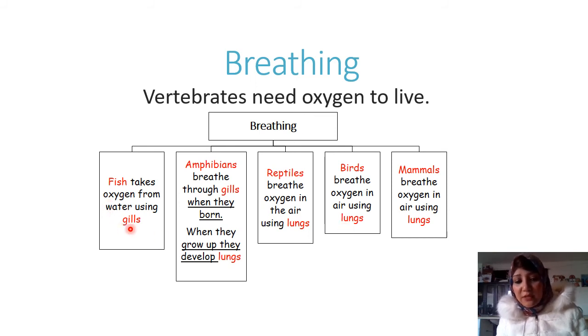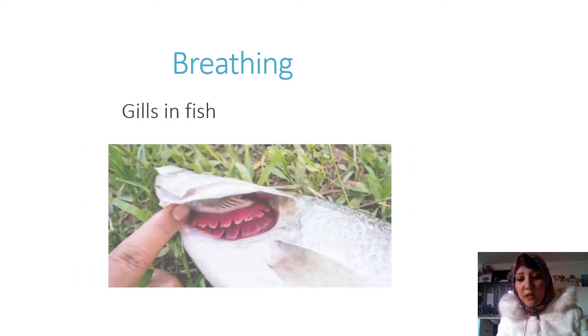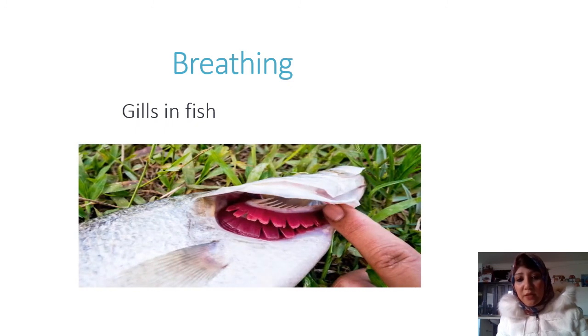Fish have gills to take oxygen from the water, and amphibians are born in water, so they have gills, and these gills are developed into lungs when they grow up to take oxygen from air. This is the gills in the fish.